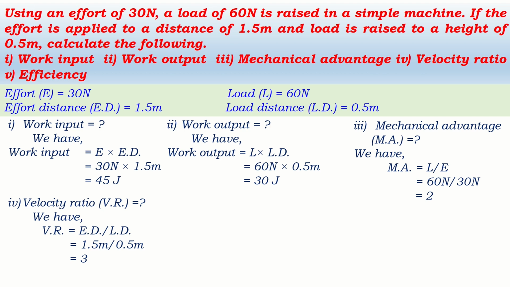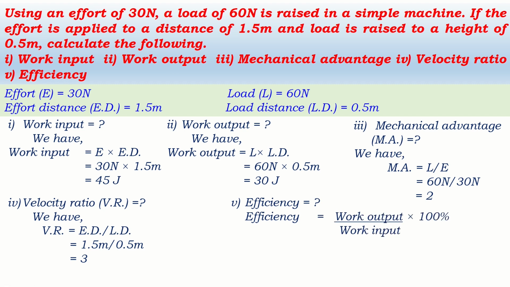Okay, now the last one is efficiency. What is efficiency? We know that efficiency is equal to work output by work input into 100%. Instead of this formula we can use another formula also, mechanical advantage upon velocity ratio into 100%. Any one of them can be used. At this time I am using work output by work input.